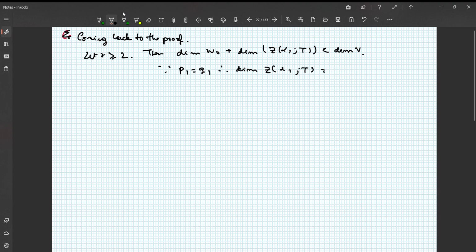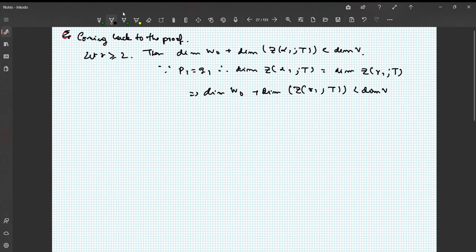Now, since P1 is equal to G1, the dimension of the T-cyclic subspace generated by alpha 1 should be equal to the dimension of the T-cyclic subspace generated by gamma 1. P1 is the T-annihilator of alpha 1, G1 is the T-annihilator of gamma 1.